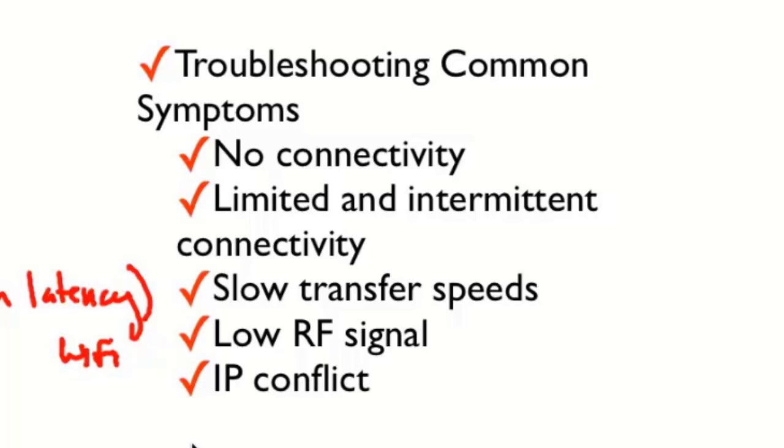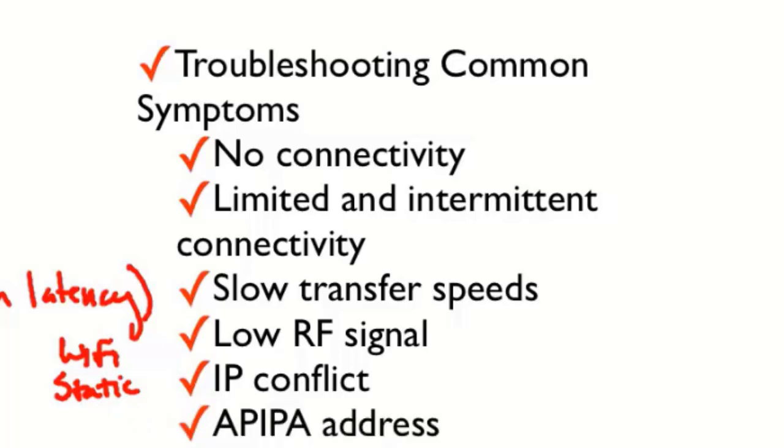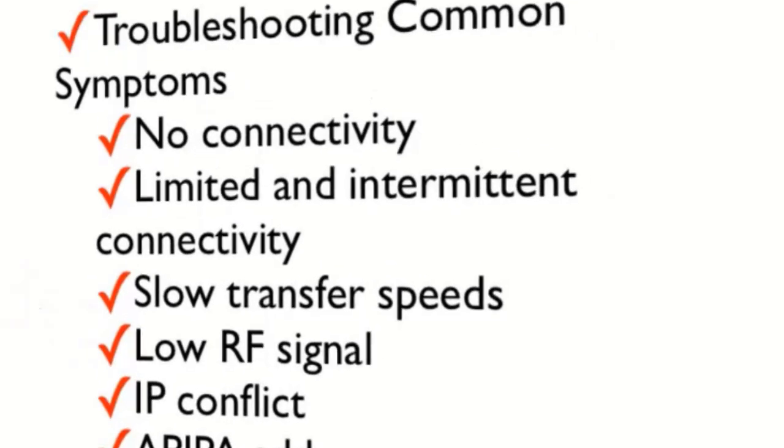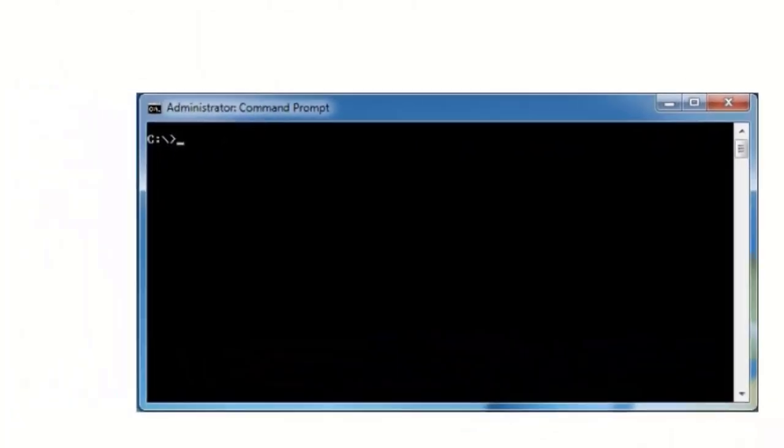And an IP conflict, meaning that there's more than one of the same IP address on a network, which can happen when we're using static IP addresses, not so much with dynamic, because the server would make sure we don't have duplicates. We're also going to look at what happens when we have an APIPA address. Remember, that's that self-assigned IP address that a computer gets when it can't find an IP address from a DHCP server. So let's start with the command line tools.